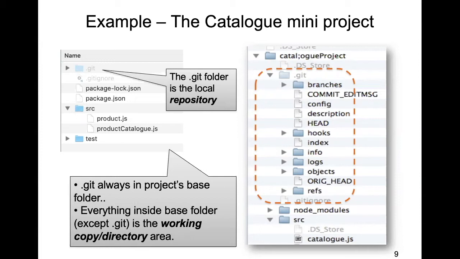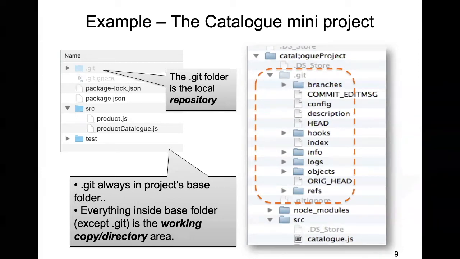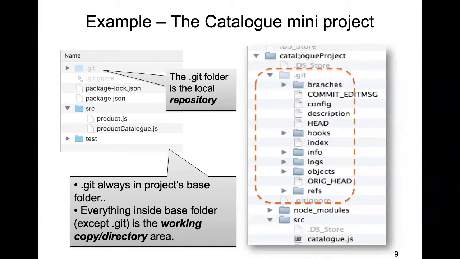What I'm showing you on the screenshot on the left is that when I create a Git repository, it appears as a physical directory within my project folder. The directory on the top left is called the .git directory. So that is the actual repository.